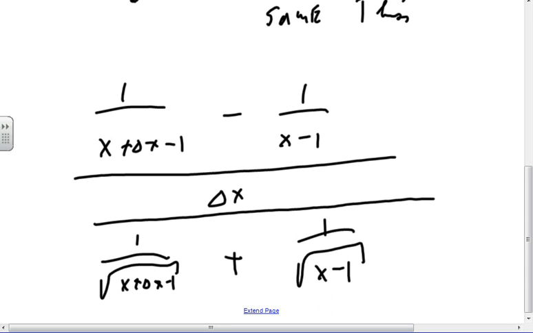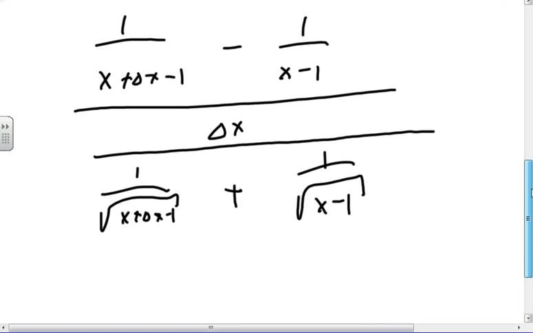Now, what am I going to do with that? I can find a common denominator. Okay, I think I got it. Oh, this is going to be so wonderful if this works.